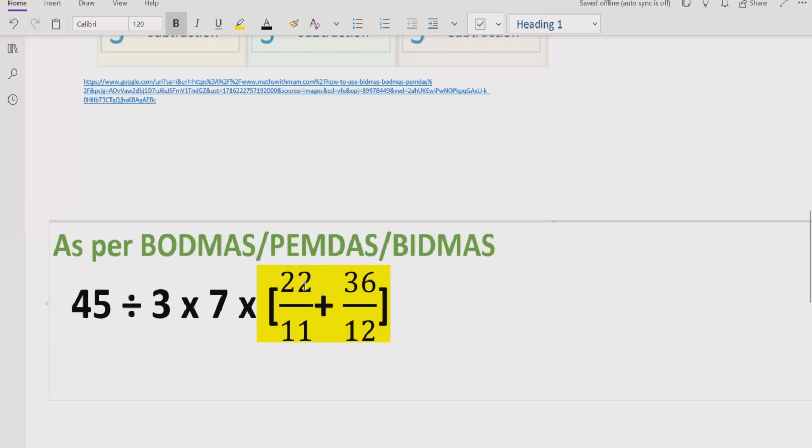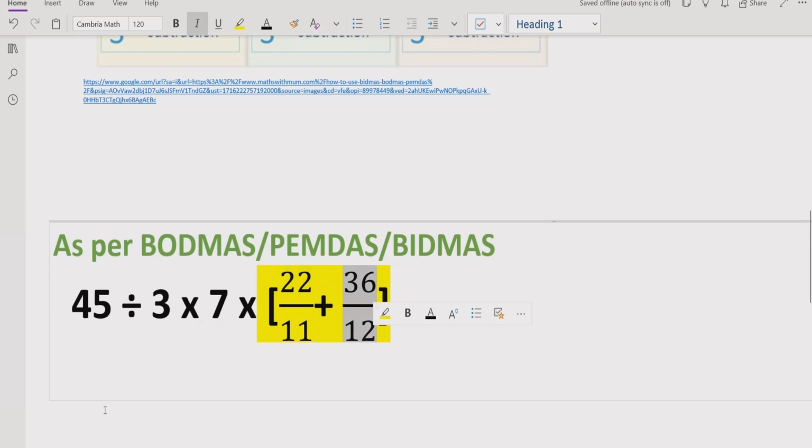Here we have divisions. As step number one, we can take the LCM of 11 and 12, and after that we will solve this part. Here we have 22 divided by 11 and here we have 36 divided by 12. So we can simplify these two terms and see if the fraction can be solved and we get a whole number.